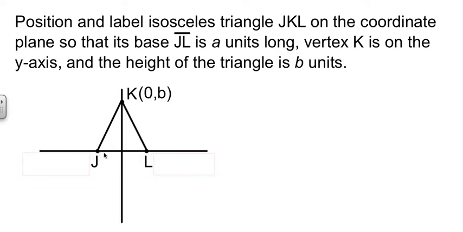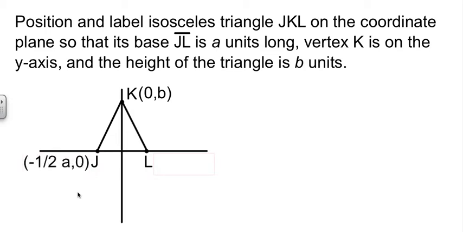Now we still have to deal with this other side down here, JL. And they said they want that side to be A units long. So from J over to L, the distance is A. Well, that's not too hard to figure out. If the distance is going to be A, then each side of this would have to be half of an A away from the center point.